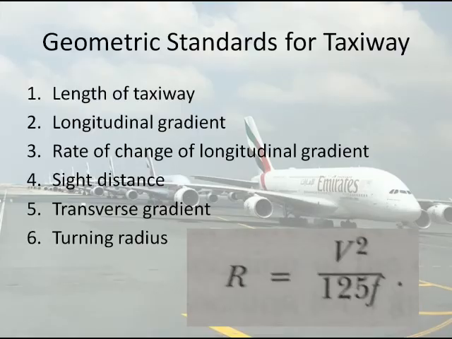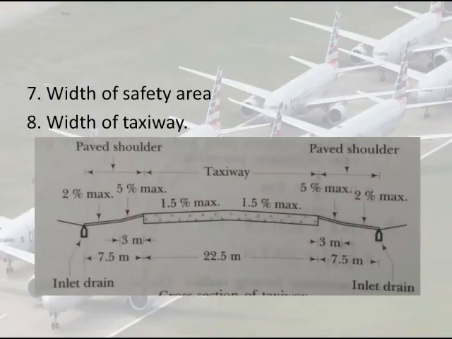We will move on to our next point, that is width of the safety area. The safety area of the taxiway is made up of partially paved shoulders on either side plus the area which is graded and drained. It may extend up to a point where it intersects a parallel runway, taxiway or apron.